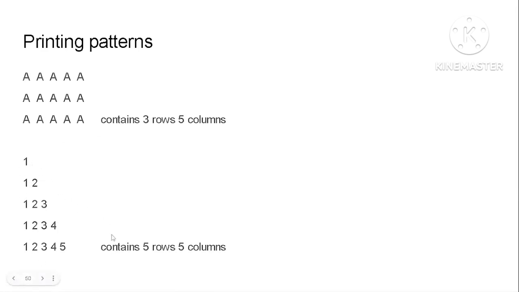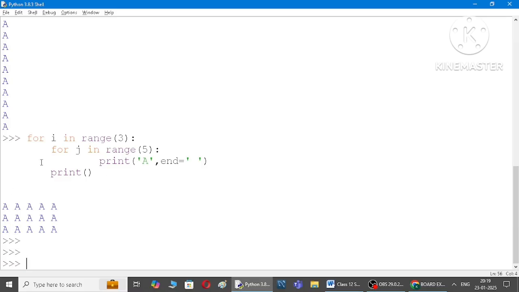Now in order to increase the number from 1 to 5, we can use this counter variable itself. But the problem is the range function always generates numbers starting with 0. So let us do this. For i in range of 1, 6, because I need it 5 times.